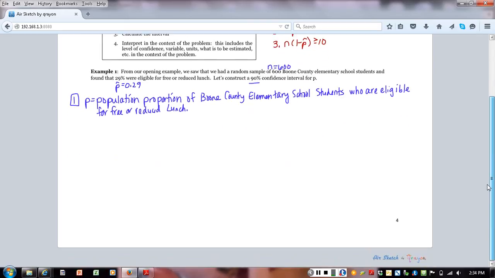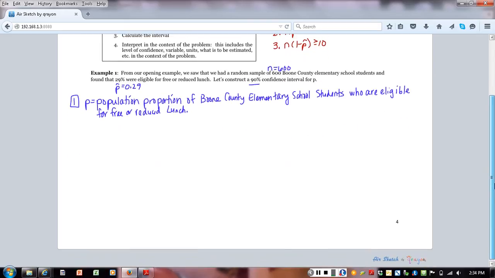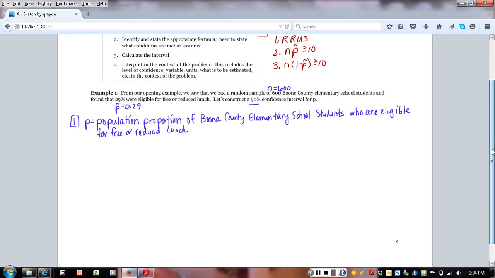All right, our next step is to do our conditions that we have above. So our relatively random and unbiased sample. It says they took a random sample, so it's just a simple random sample there. No stratifying, no system to it. From what's given to us, there's no known bias. Then we're going to take n times p hat.